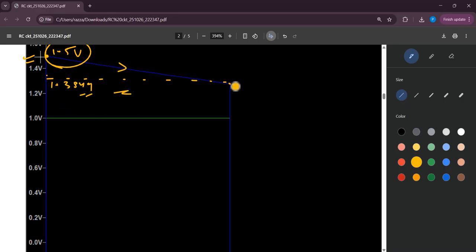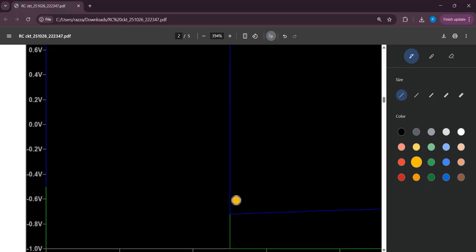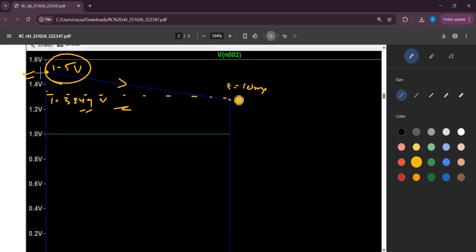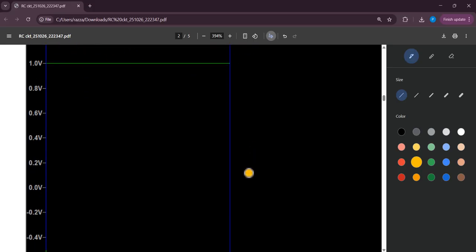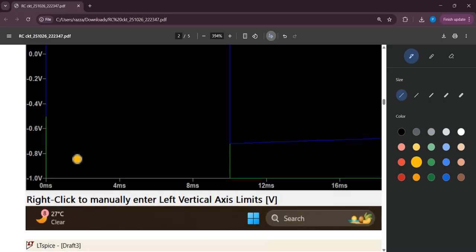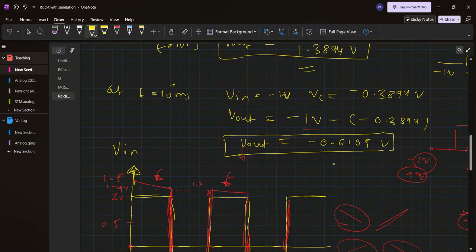Okay, so at t equals 10 millisecond, we are getting 1.384 nanovolt. But as we move to greater than 10 millisecond, this voltage is minus 0.61, and we also get minus 0.61 in the simulation.